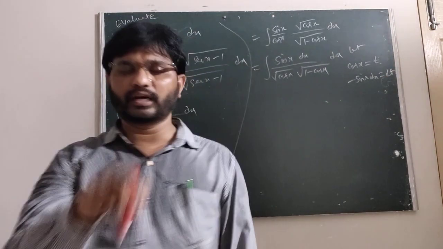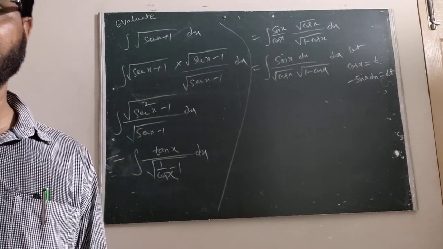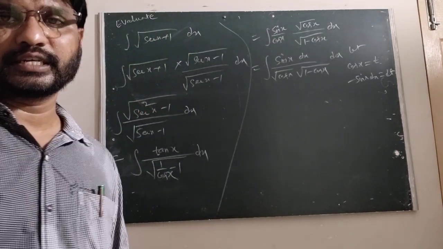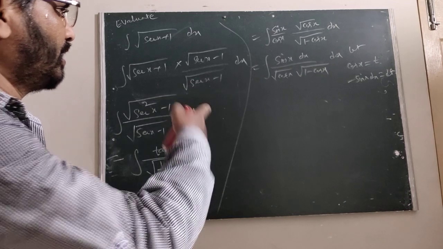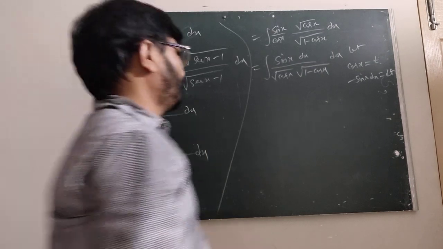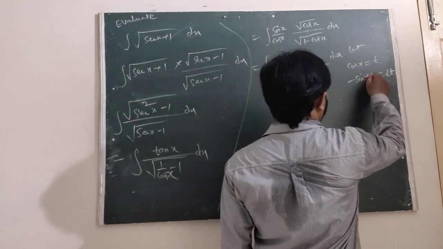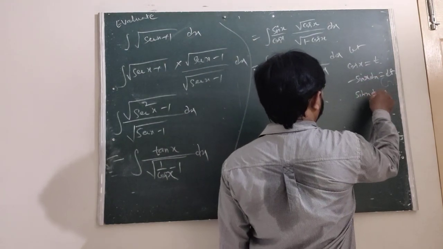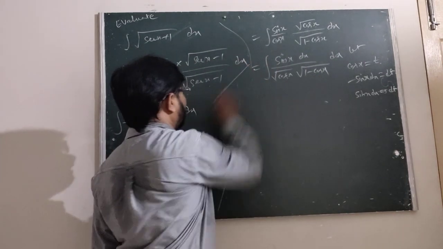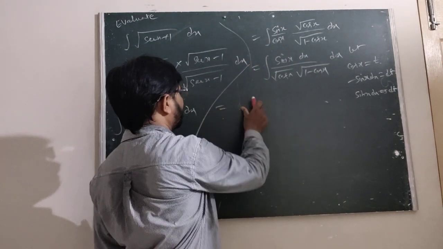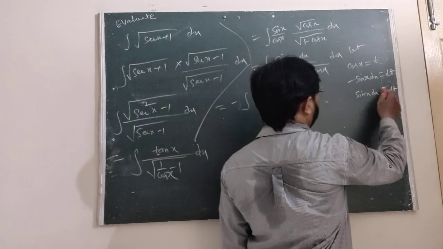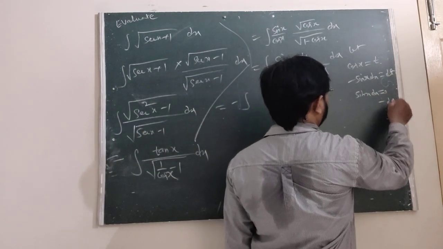Therefore, sin x into dx is minus of dt.